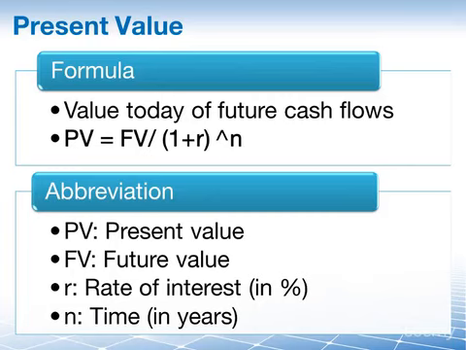FV is obviously the future value. R is the rate of interest in percent. So this would be your 5%. And N is the time in years. So you take your PV or present value and then that equals your future value divided by 1 plus the rate of interest to the power of the n, which is the time investment in years.